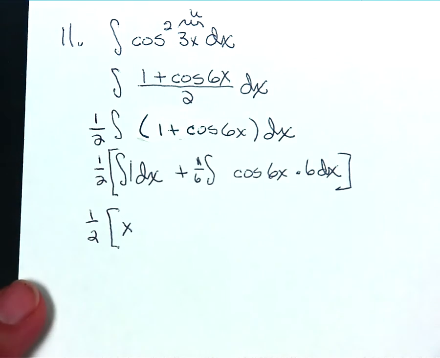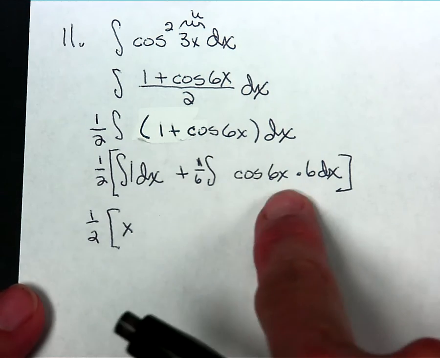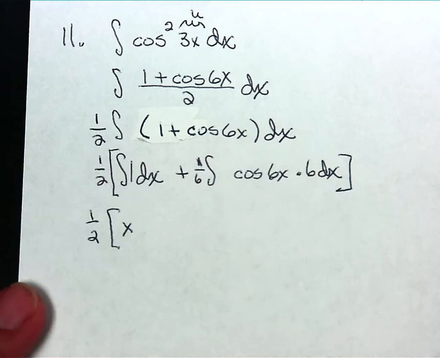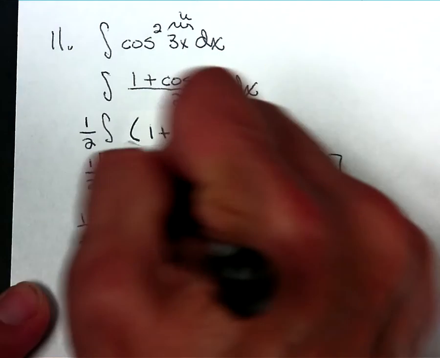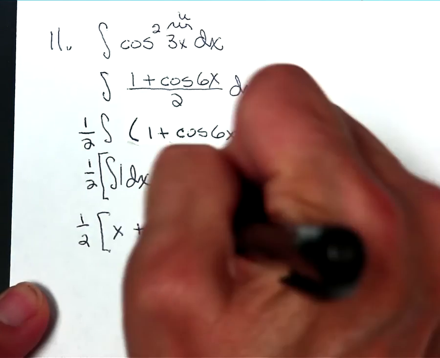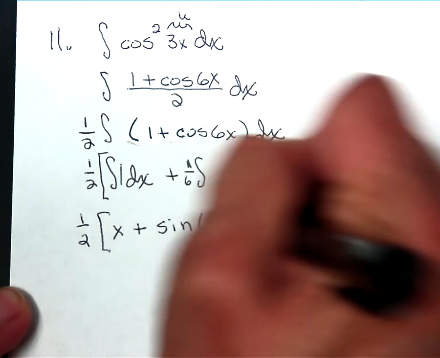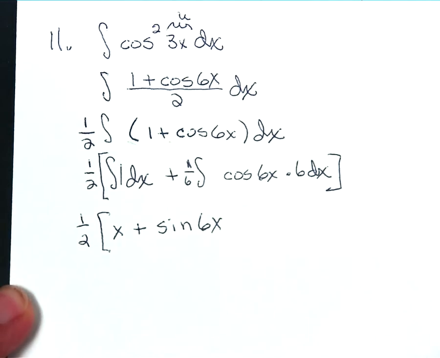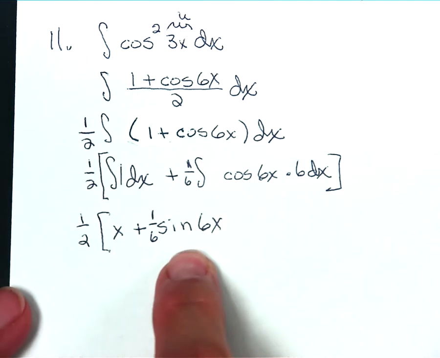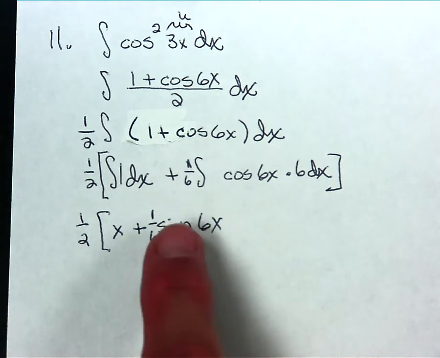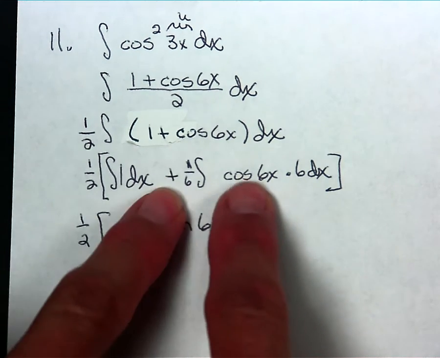And what's the integral of cosine ugly if you have d ugly right beside it? Sine ugly. And then I'll check my sign. When I take the derivative of sine, I get positive cosine.